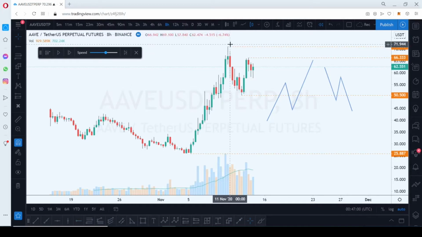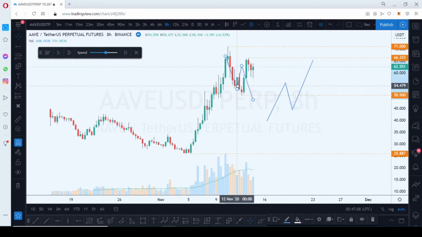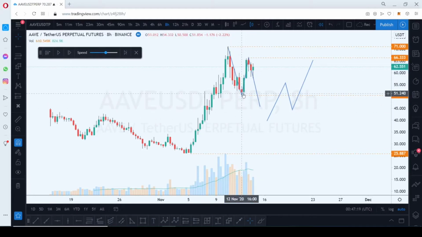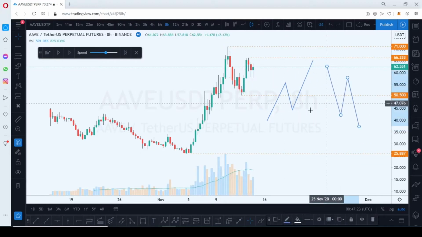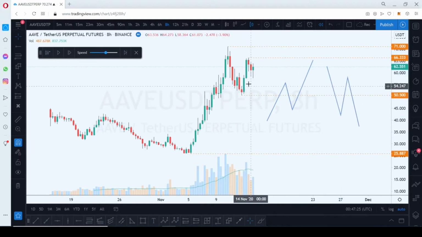So looking at this, coming from this side to this lower high, what do we expect naturally? We expect something like this to happen, coming to a lower low, to this low. Okay, bearing that in mind, let's see what happens.